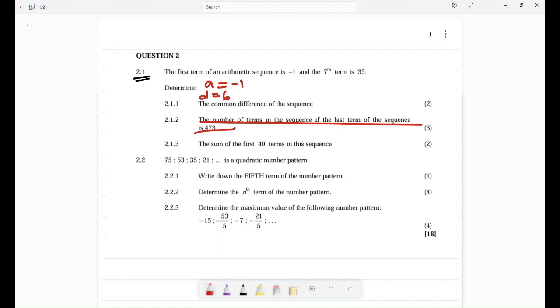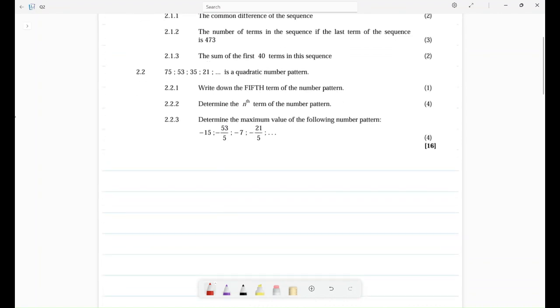So 2.1.2, determine the number of terms of the sequence if the last term of the sequence is 473. So we have Tn, remember, the last term, Tn is 473. But we know that Tn is equal to a plus (n minus 1)d, the arithmetic equation, right?